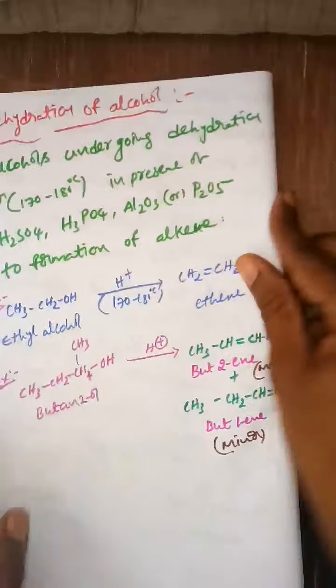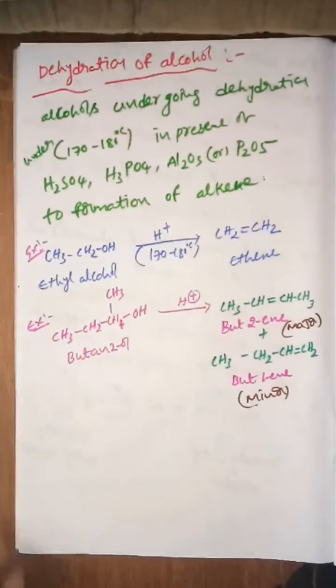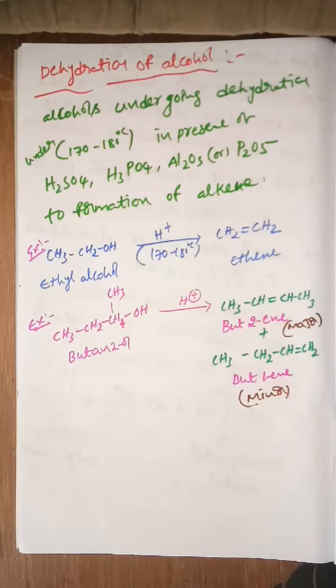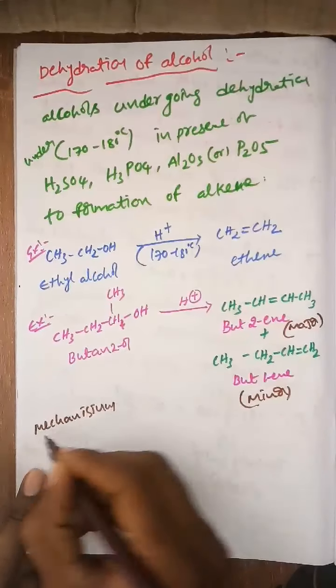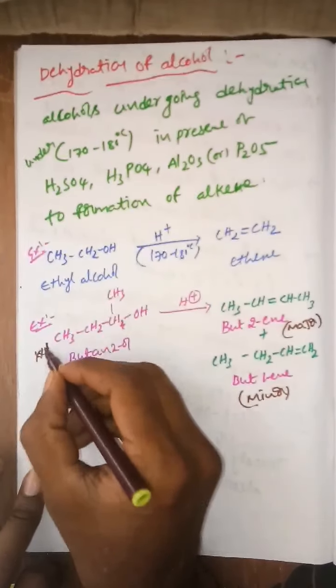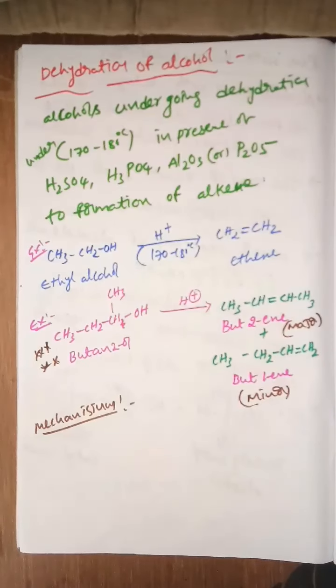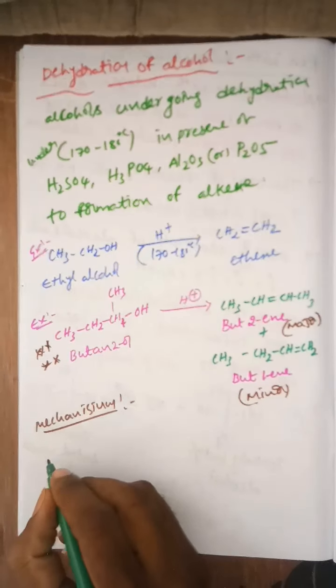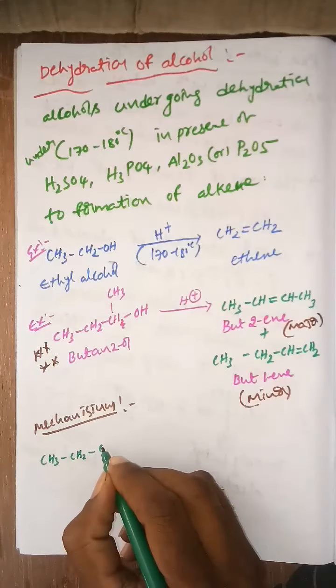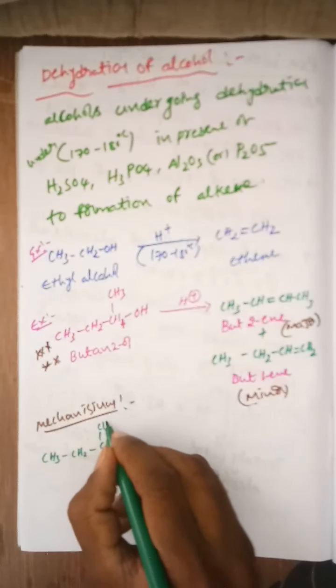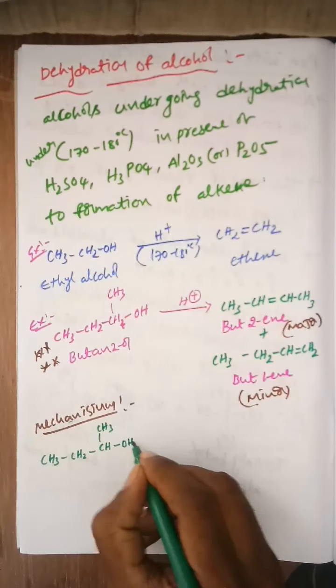Let's see, I'll write the mechanism for this reaction. I hope you all know the mechanism, but anyhow I'll write it. Concentrate, this is important. What kind of mechanism? The first compound is CH3CH2CH(CH3)OH.